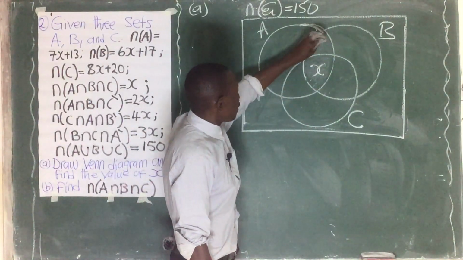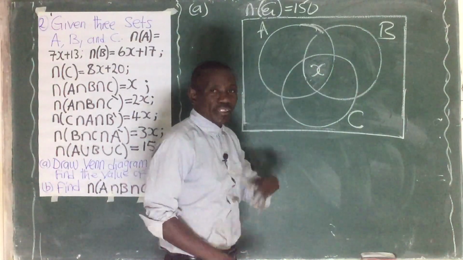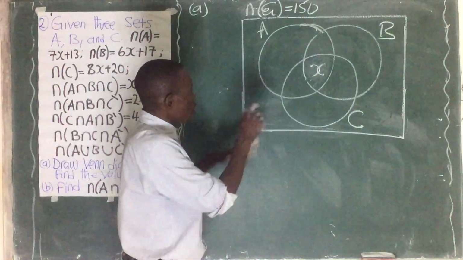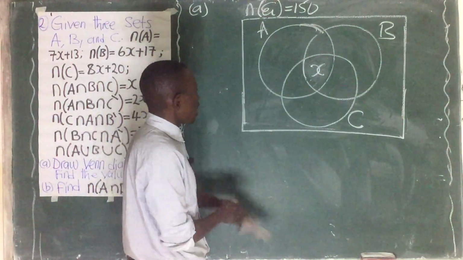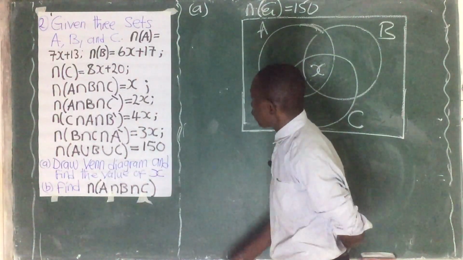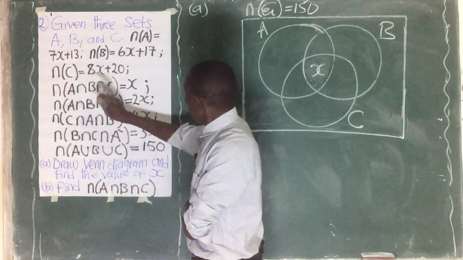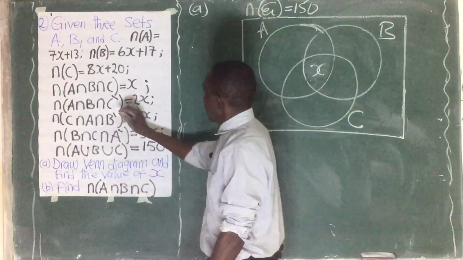This one is what is found in A and B only, A and C only, C and B only, things like that. How many are they? All those are sections defining subsets of the entire set, which is the universal set. Now for the information about x, we see where it features on that space.